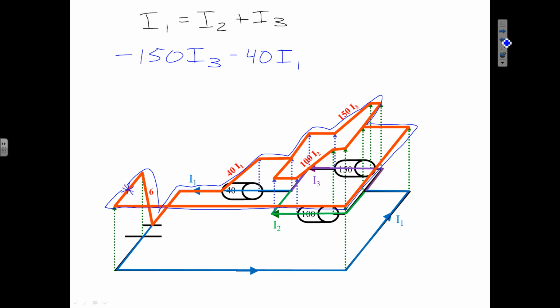Continue around, I go up 6 over the battery, so plus 6, and I get back to where I started, so that all equals 0. Questions on how I got any of those terms, or the positives and the negatives?